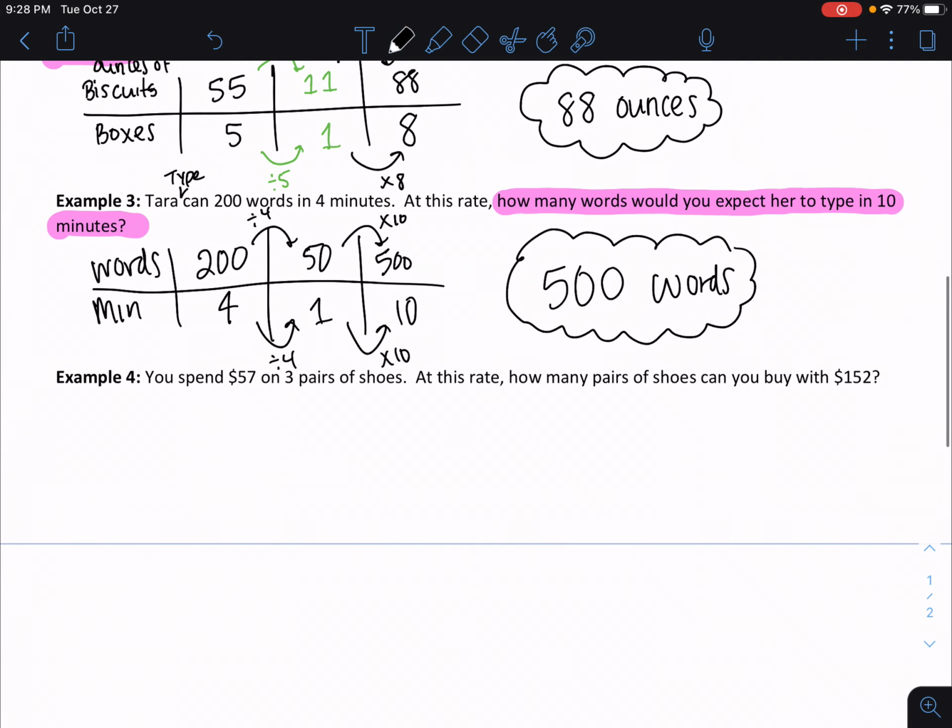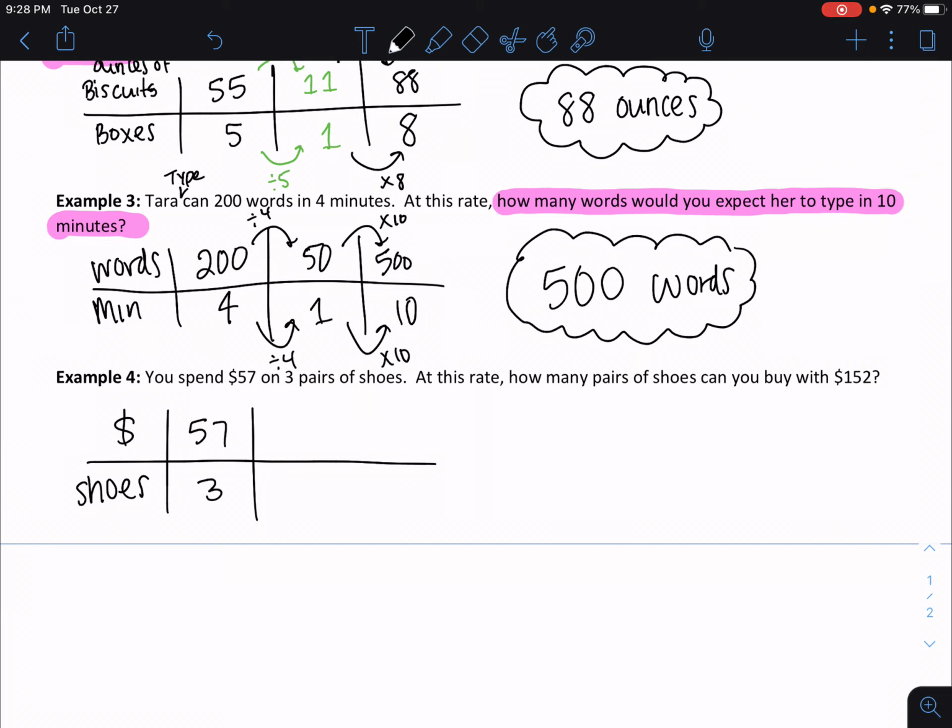Last one says you spend $57 on 3 pairs of shoes. So dollars and shoes, 57 and 3. And how many pairs can I buy with $152? So I've got $152.